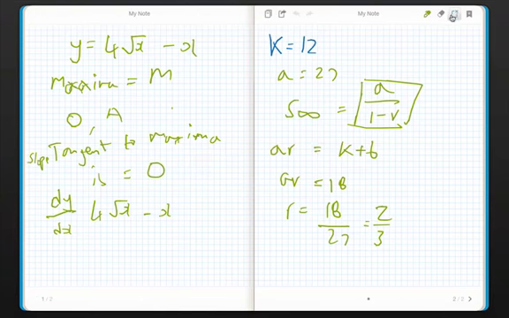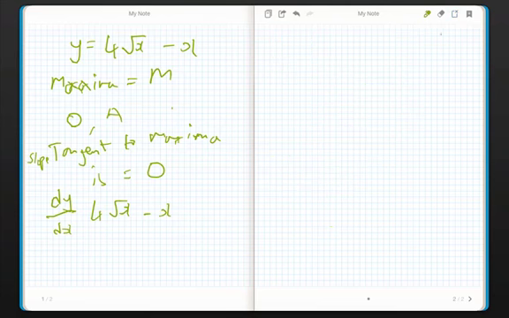I'll just clear the page over here. I hope you've taken it down. Now, how do we differentiate this? For dy by dx, let's rewrite our function first. All the roots should become powers. So 4x to the power of half, I hope you see how I got that, minus x. Now using the power rule, we bring half down here, so half into 4x, and decrease the power by 1.